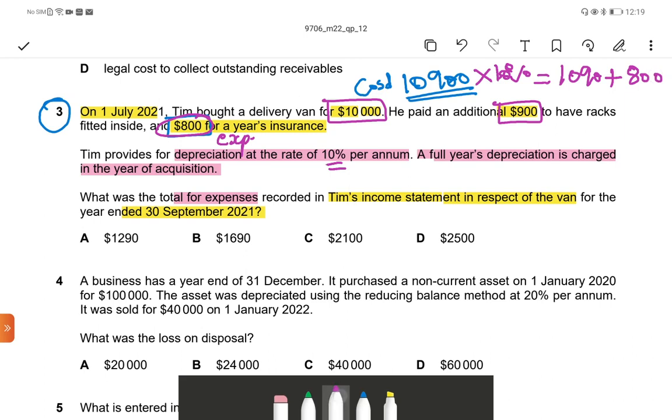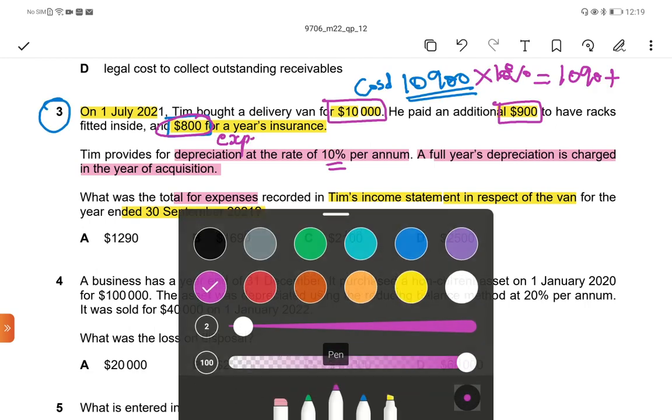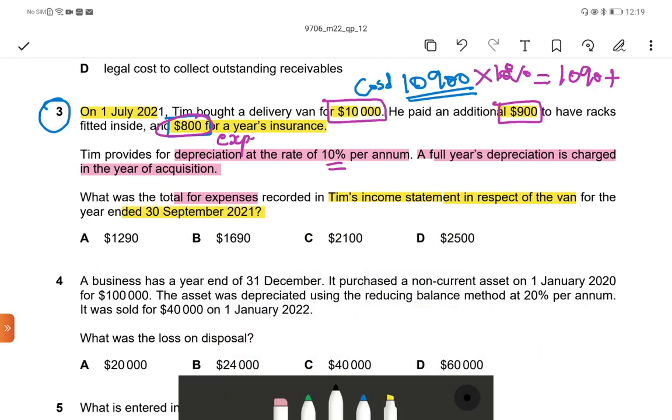The expense will not be taken in full 800. For this expense they paid for 1 year of insurance. So we take only the months they are using the delivery van, since they purchased the delivery van on 1st July 2021 and the accounting period ends in September.